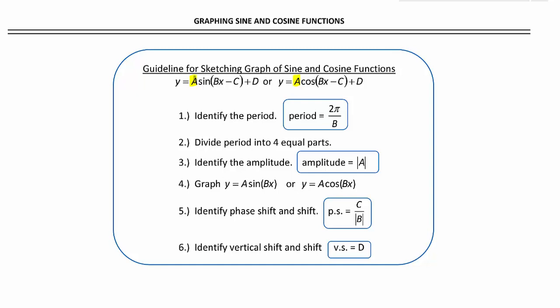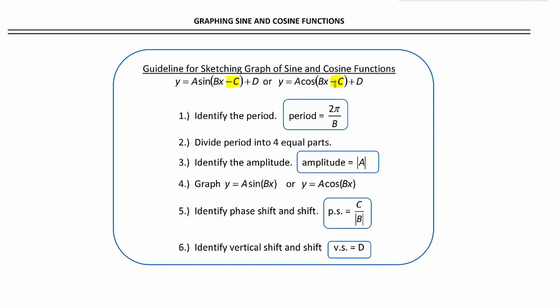We'll then identify the phase shift and shift it. A phase shift is simply a horizontal shift, and we know from transformation that horizontal shifts happen when we have plus or minus a number inside the function, which is what the c is. But to get the phase shift, we need to take c and divide it by the absolute value of b.